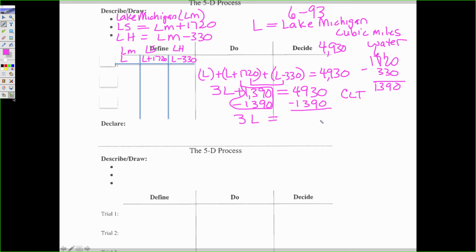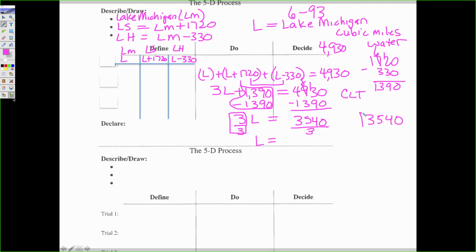And over here, when I subtract, 13 minus 9 is 4, 8 minus 3 is 5, 4 minus 1 is 3. So 3 Lake Michigans equals 3,540. I want to know 1 Lake Michigan. If I divide by 3, that'll make me a giant 1. 3 divided by 3 is 1. Now I have 1L, which is what I want. I'm going to divide by 3 over here on mat B too. Have to do the same thing to mat A and B.